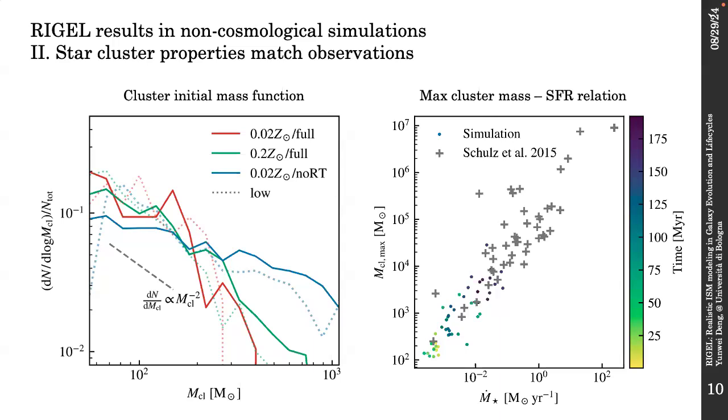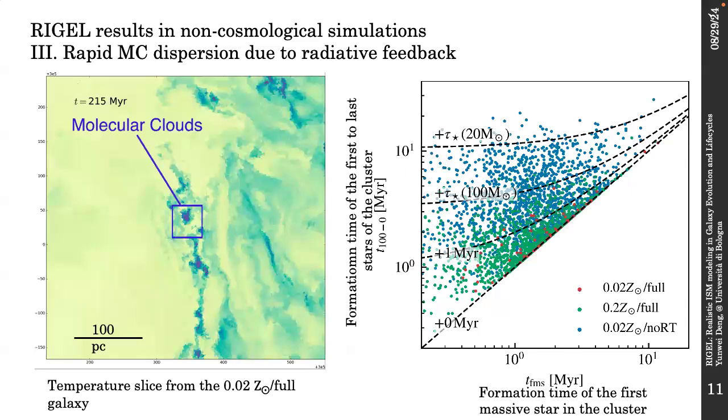Our model avoids this problem by capturing self-regulated cluster formation. Here I have a movie to show how radiative feedback plays its role in disrupting molecular clouds early. This is a temperature slice of a face-on patch of our fiducial galaxy. The blue clumps are cold molecular clouds.